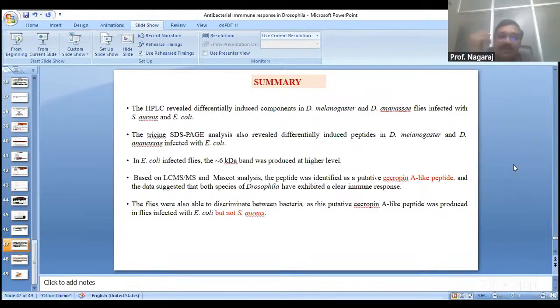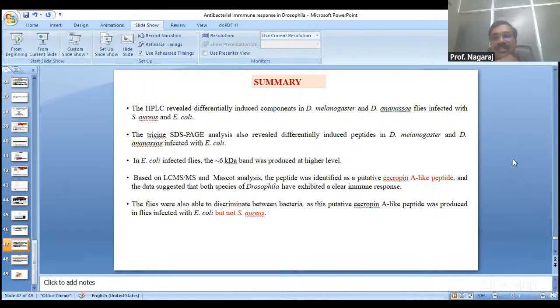By that time, we ended up, and from here onwards, we continued identifying this immune challenge. The flies were already exposed or infected with these bacterial strains, and also studied for immune priming or challenge.